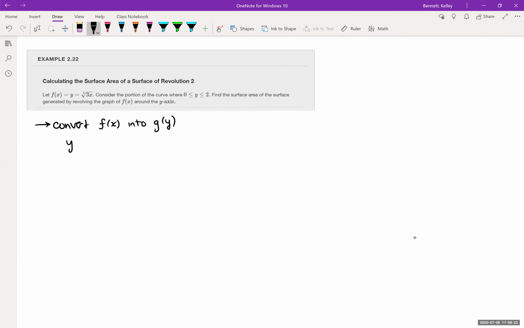So if I have y equals the cube root of 3x, then I can cube both sides. So I'll get y cubed equals 3x, divide by 3. Y cubed over 3 equals x. So g of y is just y cubed over 3. Perfect. So now I'm ready to begin, because what's really going to happen, I think it looks like this.